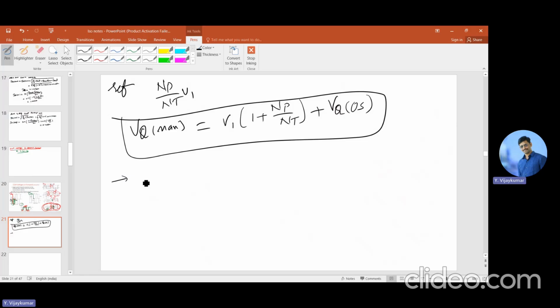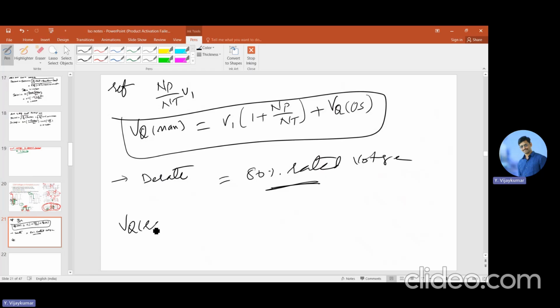For that, we necessarily have to use a derated semiconductor device in order to operate the device safely. For this derating, we have to use 80% of the rated voltage. Like for the switch, VQ rated is equal to 80% of VQ.